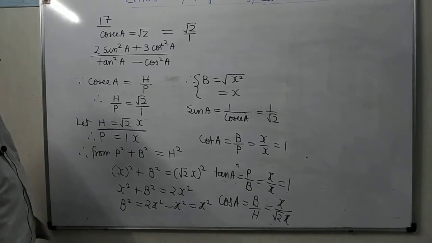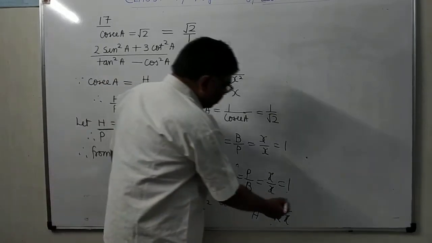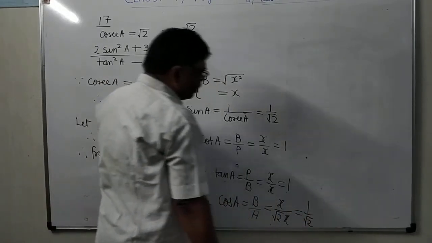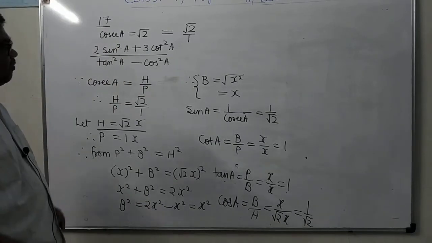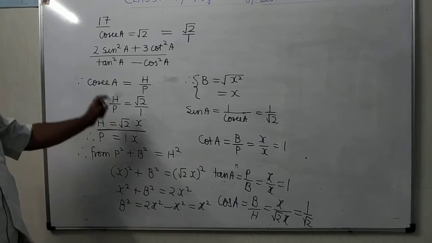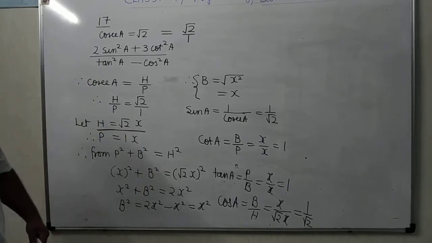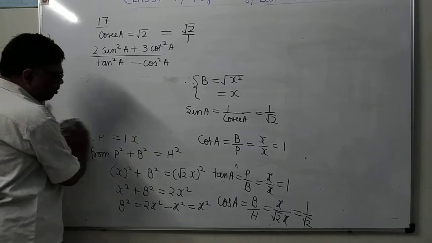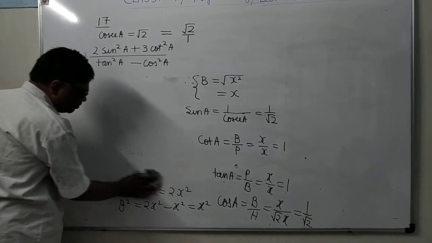So that will be 1 upon root 2. After this, what will you do? You will substitute these values in this trigonometrical expression.